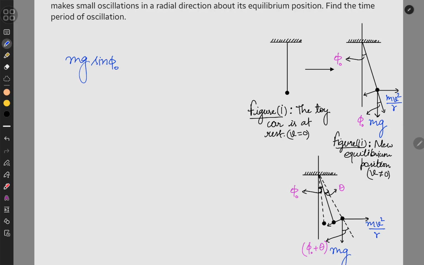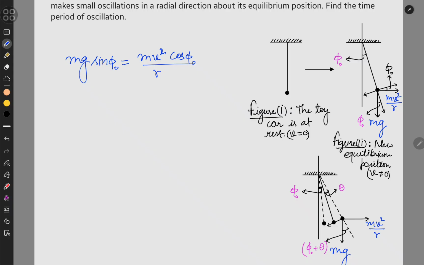So mg sine phi naught will be equal to the component of the radially outward force along the opposite direction, which will be mv squared times cosine of phi naught divided by r. So this is the condition of new equilibrium.